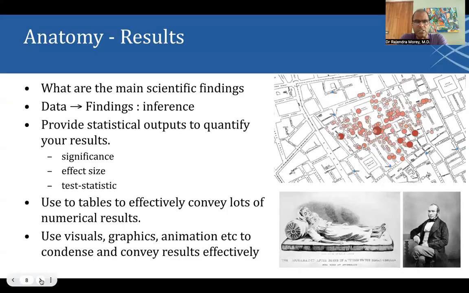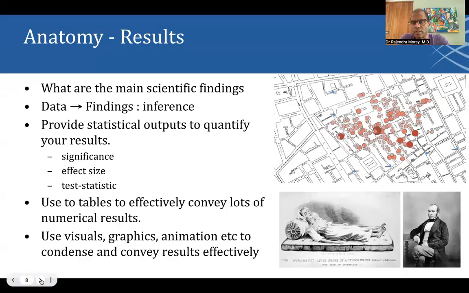And then the test statistic. And you'll also use tables when you have lots of information to convey in a concise and compact way, and also use visuals or graphics or animation or any type of method to condense and effectively convey the results of your study.